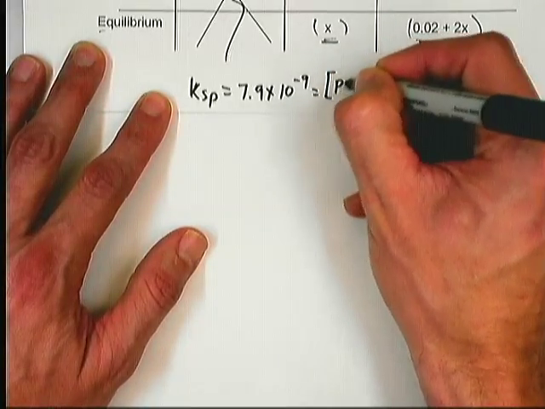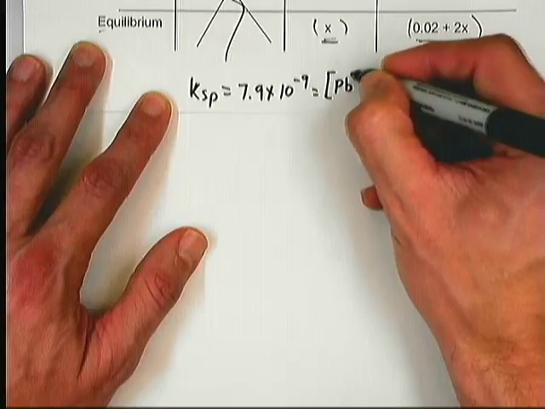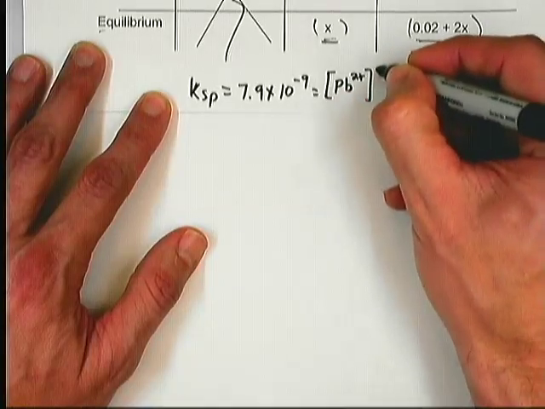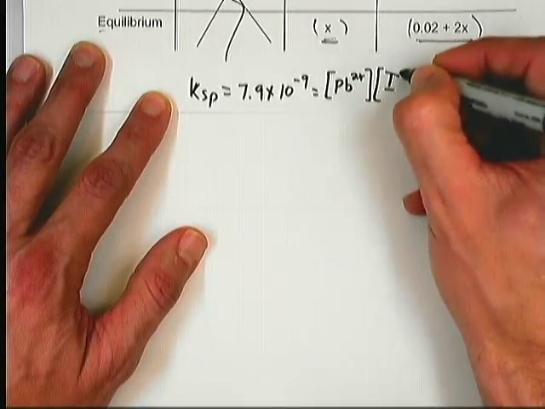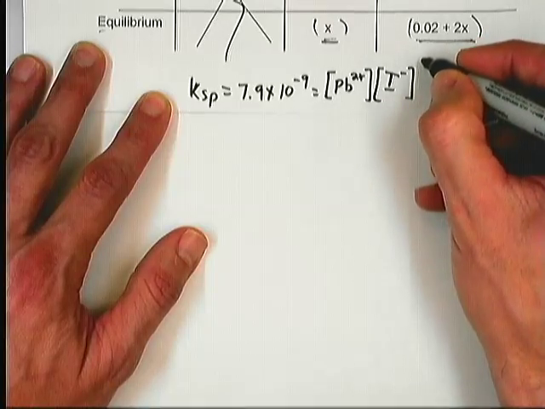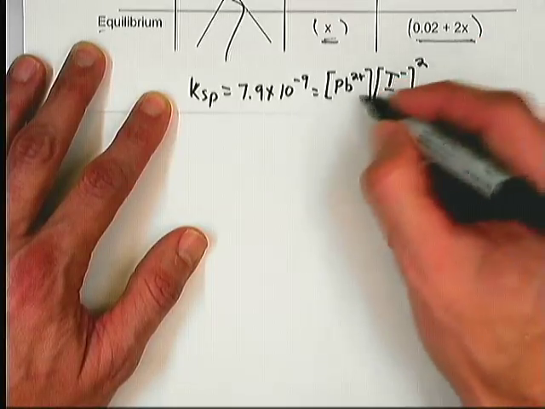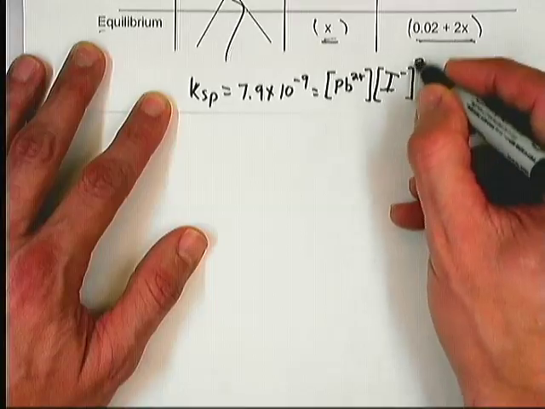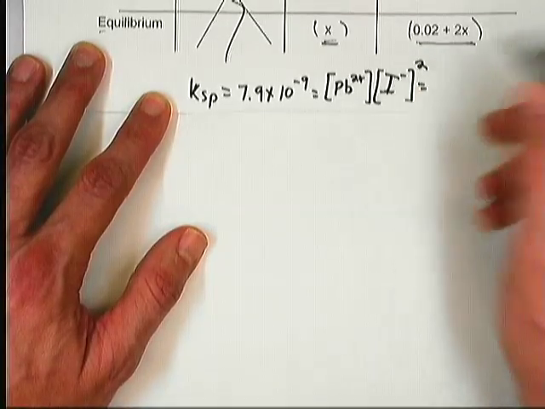We also learned that that's going to be equal to our ion product, the concentration of our ions at equilibrium times each other, but we've got to square the iodide term first, okay?